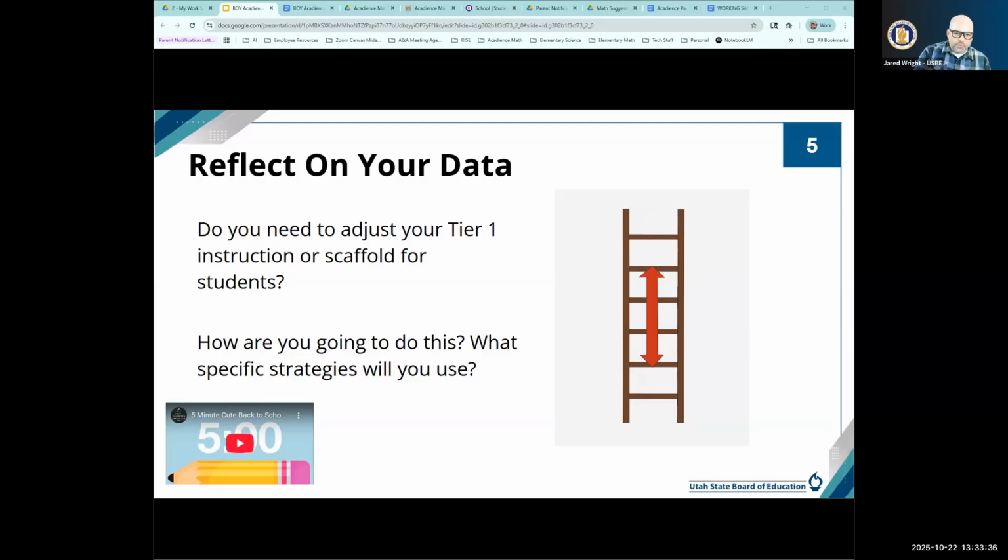We'll go with 5 minutes, just thinking about those 3 questions. Kind of a yes, no. Do you need to adjust your tier one instruction? But if it's a yes, then how are you going to do it? What strategies are you going to use? If it's a no, I'm awesome.